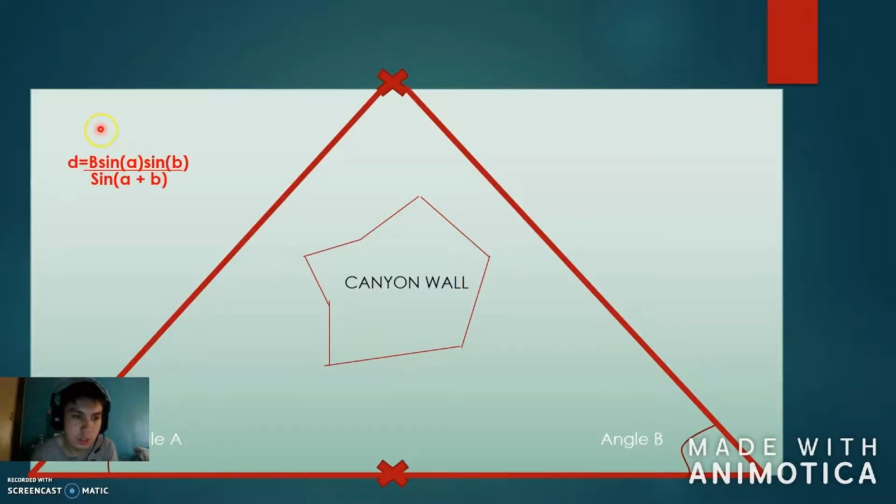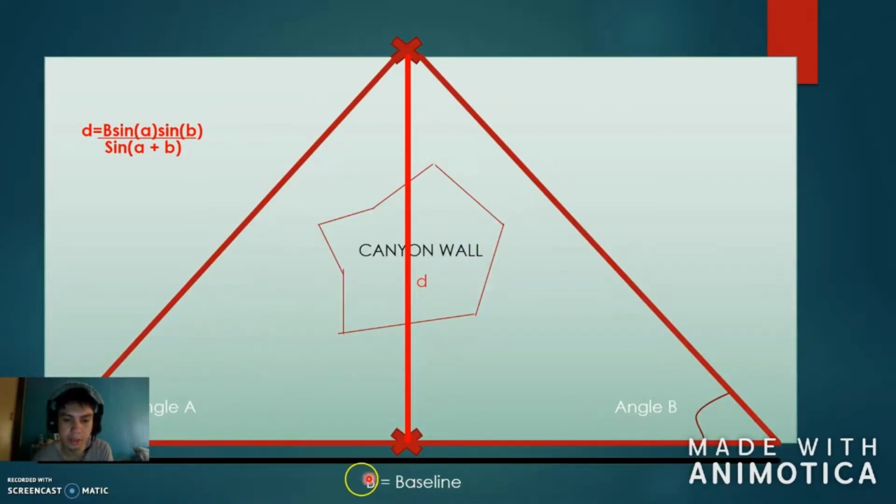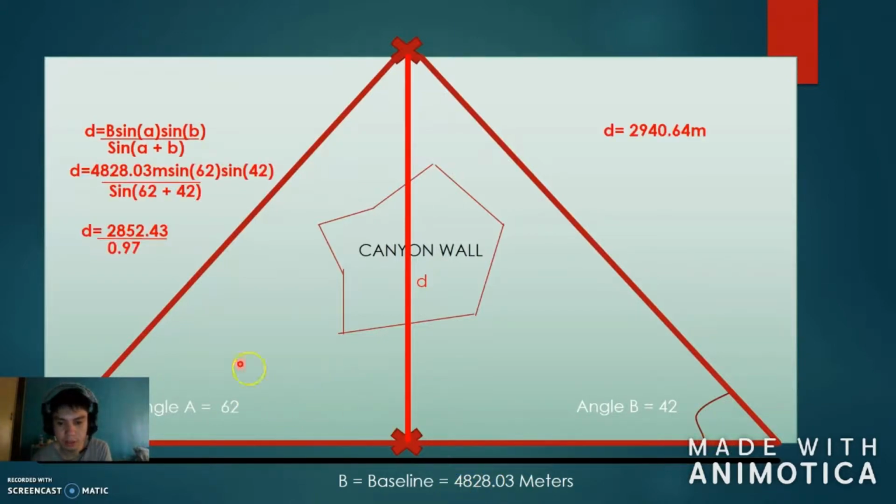You will use this formula to solve for the distance here. B is for baseline. So this is your baseline. Suppose you have a baseline of 4,828.03 meters. So, 4,828.03 meters times sine 62, sine 42.